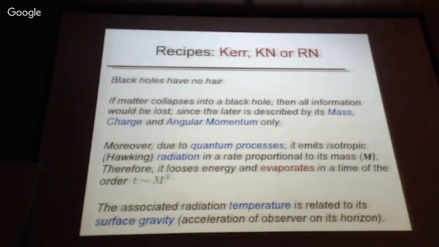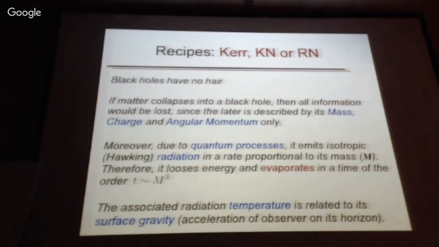Don Quixote's book has a lot of information in it, right? However, when it collapses into a black hole, all that information goes into mass, charge, and angular momentum. Nothing else.